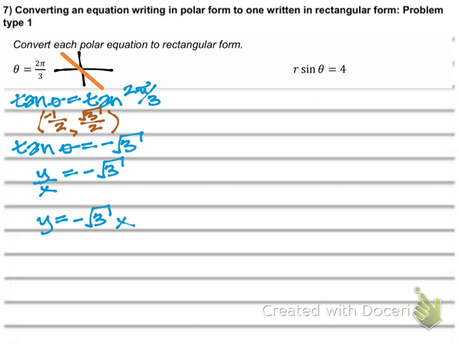Which again, if we think about the Cartesian plane, y equals mx plus b, this is a line with a y-intercept at 0, right? Because there's no plus or minus b. And a slope of negative root 3.